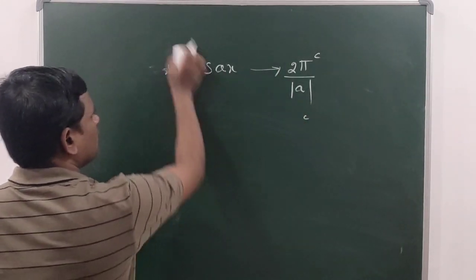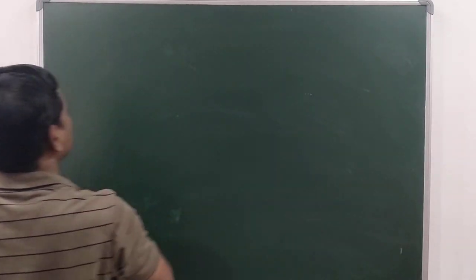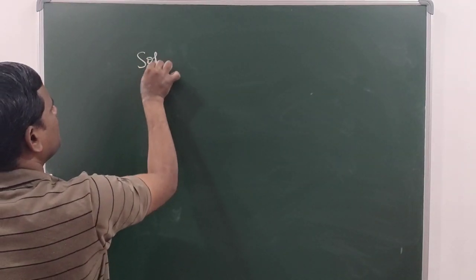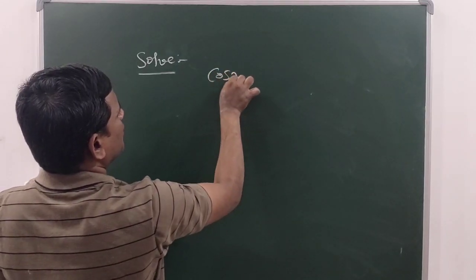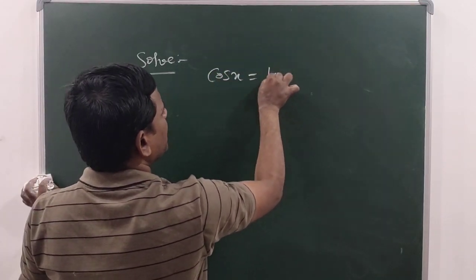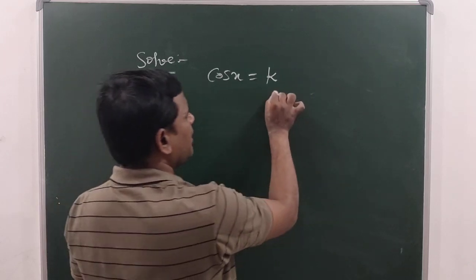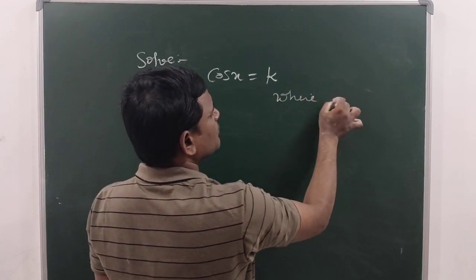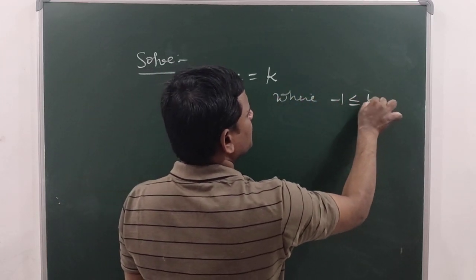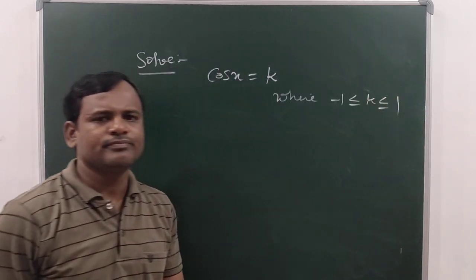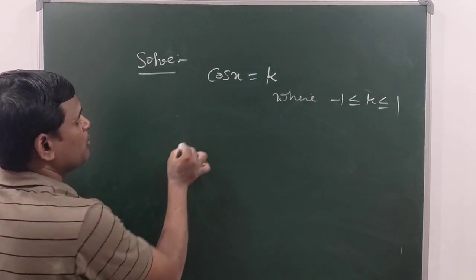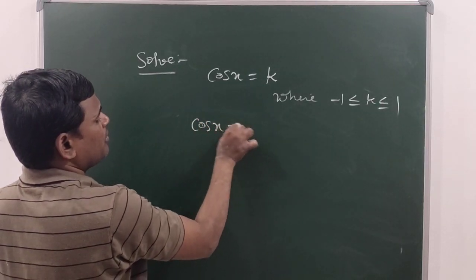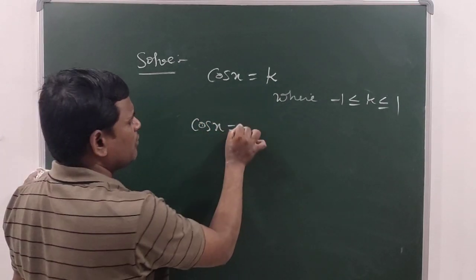So how do you solve this equation: cos x is equal to k, where k lies between -1 and 1? What you have to do is express this k in terms of cos.